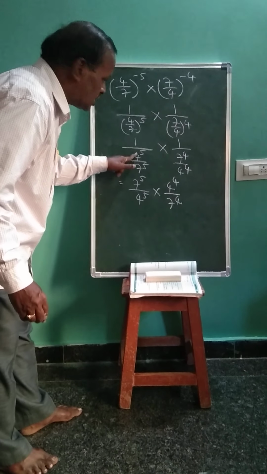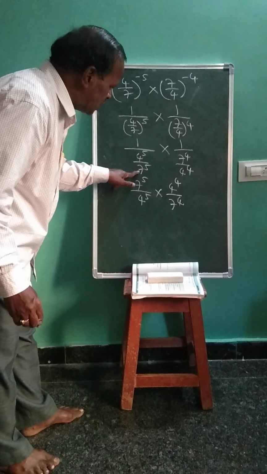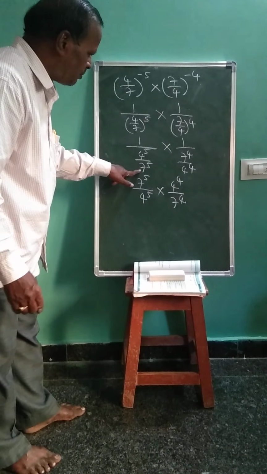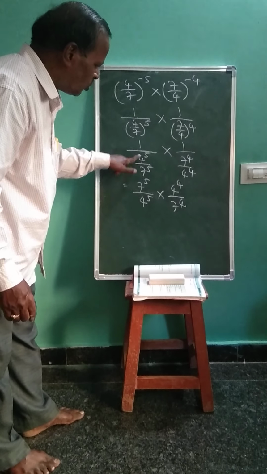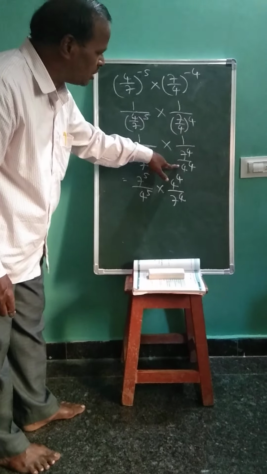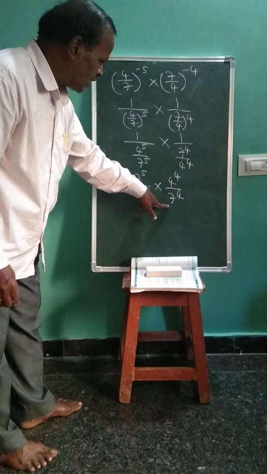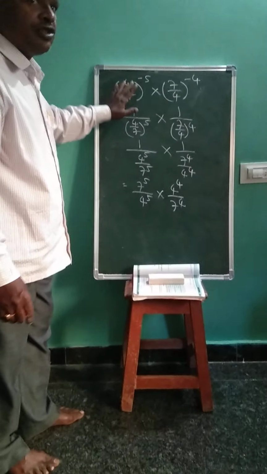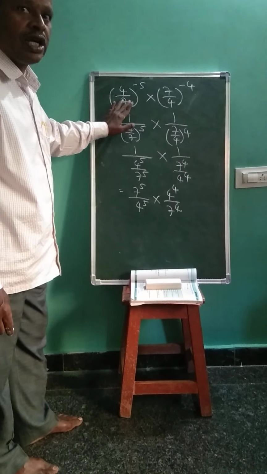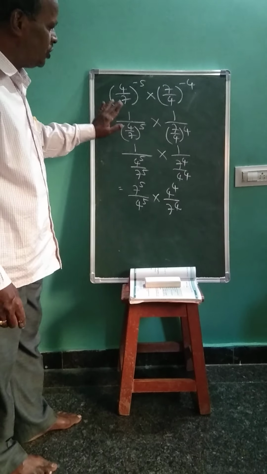1 by this p by q form, I have written as the inverse form. So here we have used some properties again. The multiplicative inverse we have used, and the general inverse also we used here.